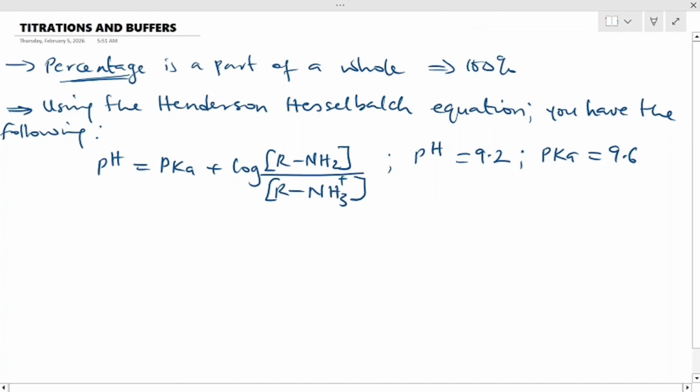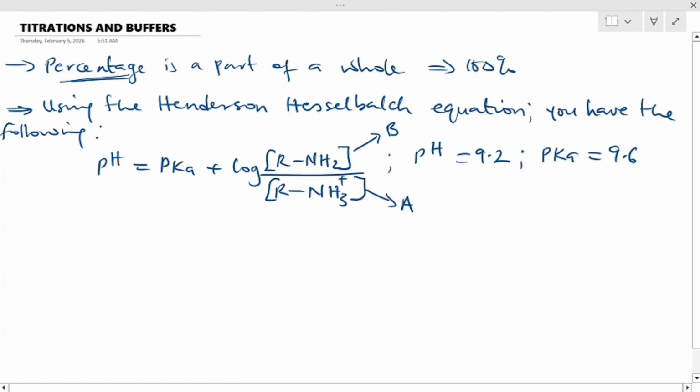So we just substitute that into the equation, and we also want to represent this as just the concentration of the base over the concentration of the acid. So this will represent B for base, and this will represent A for acid.